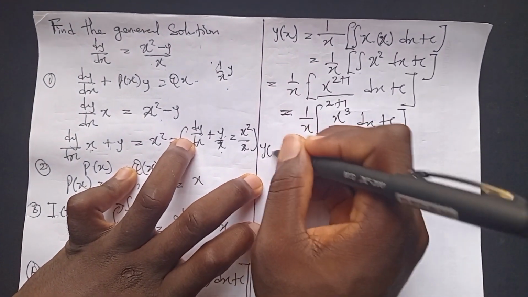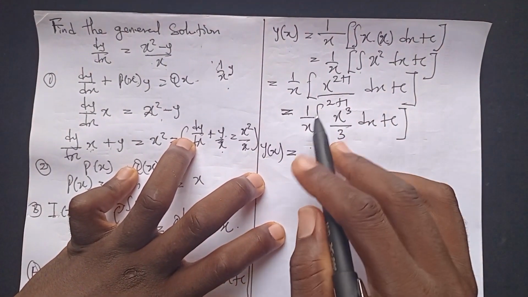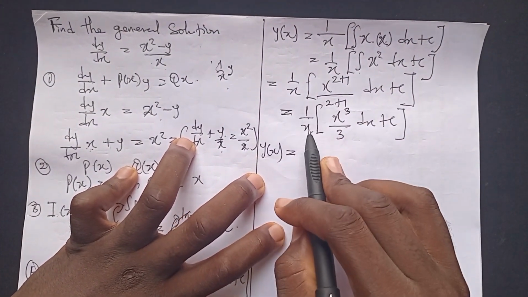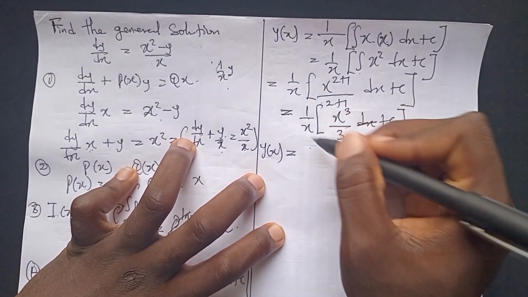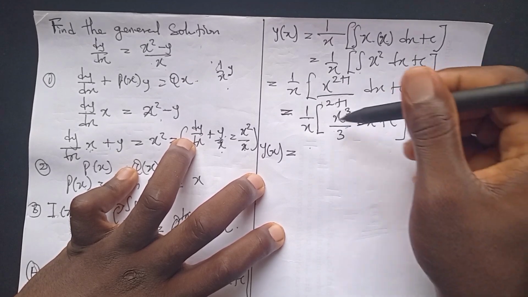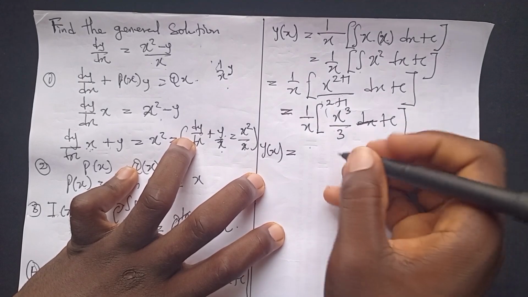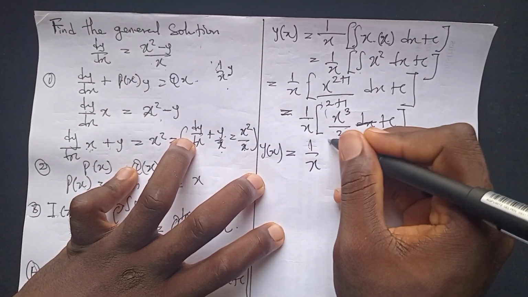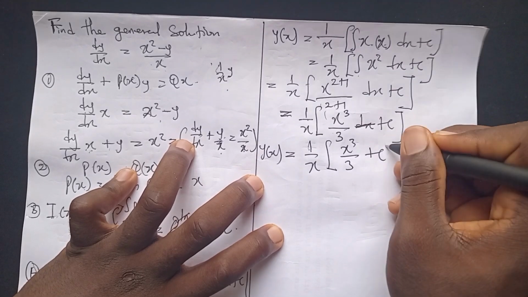Now our y of x is equal to, there's no need for the dx since we've done away with the integral sign. So what we have is 1 over x times x cubed over 3 plus c.